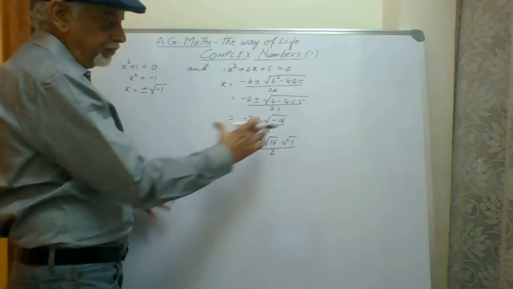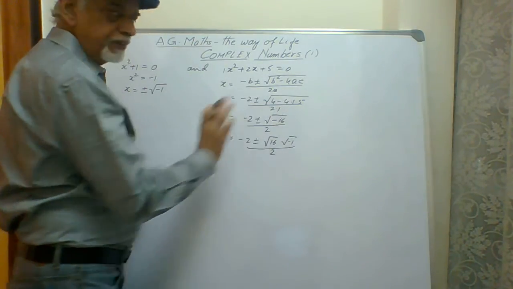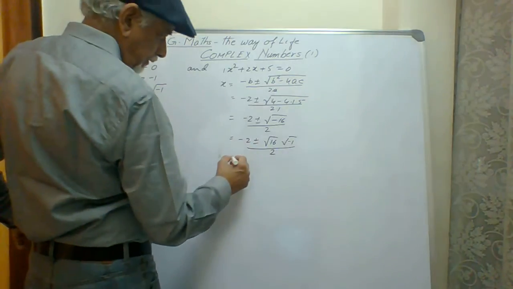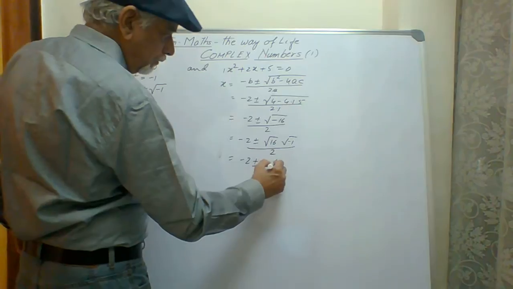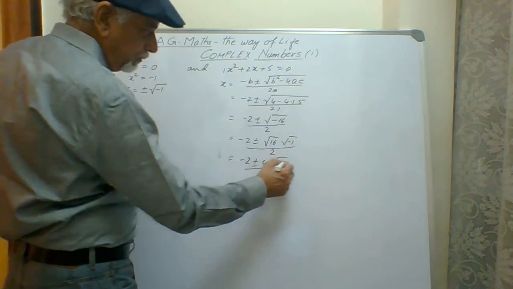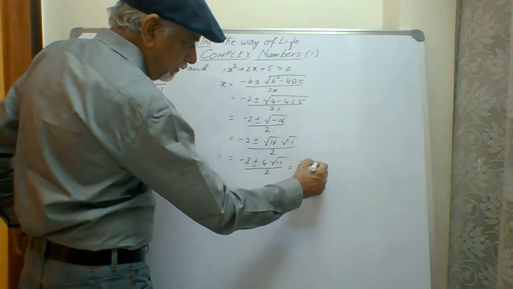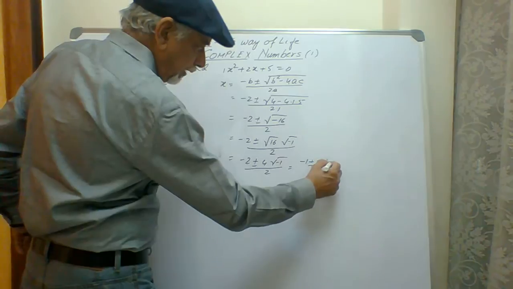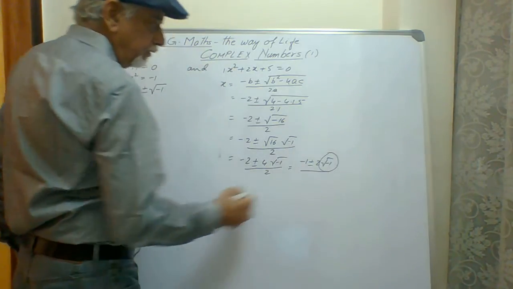Both powers are same, so when you multiply it becomes power of 16 into minus 1, which is like this. Now further simplification will give me 4 root over minus 1 by 2. Take 2 common from the numerator and you get minus 1 plus minus 2 root minus 1. This is the value. Here also we are getting a value root minus 1.